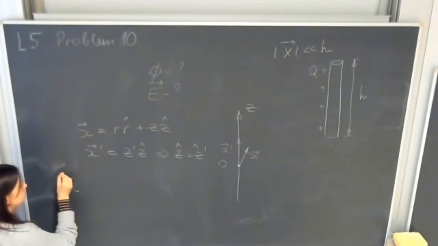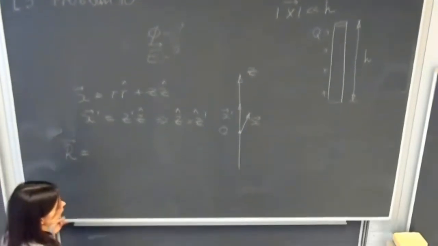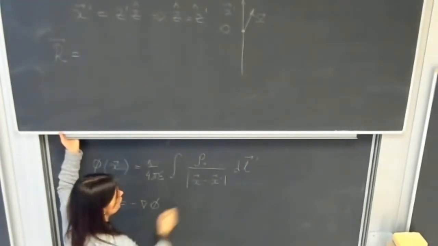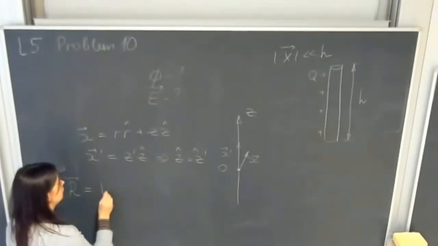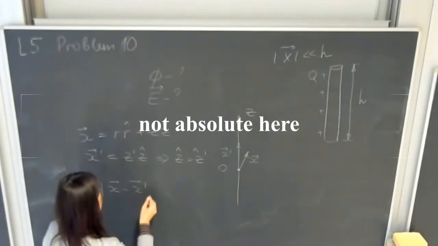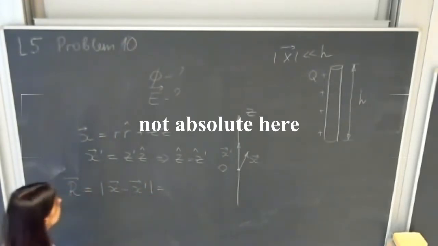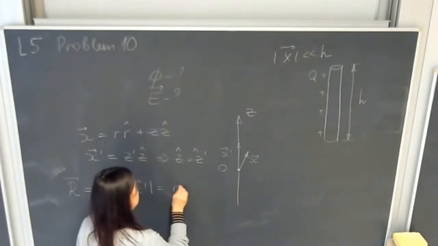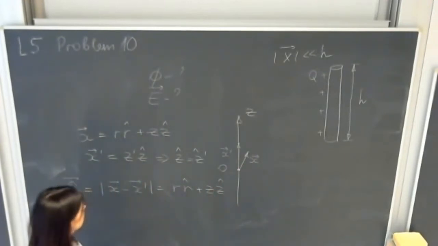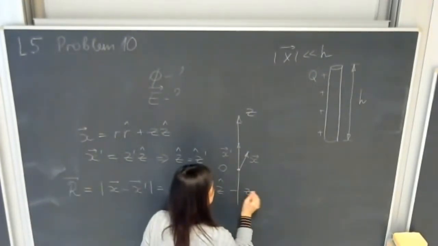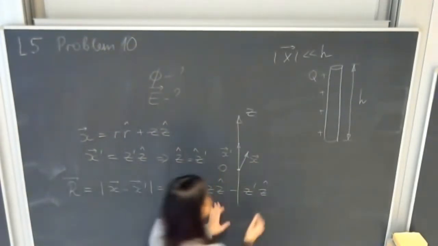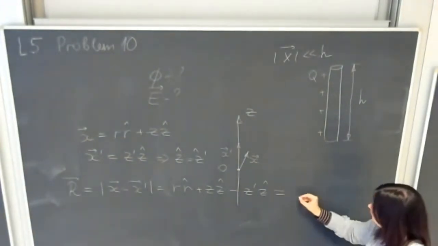Now the r vector is this part: field point vector minus source point vector. The unit vector can be taken out of brackets.